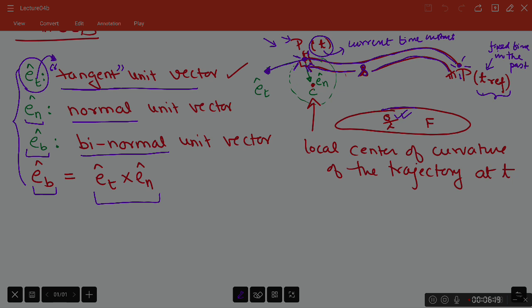EN is a unit vector that is pointing towards the local center of curvature of the trajectory at this current time instant. Indeed, ET and EN are perpendicular to each other. These are the descriptions of ET and EN, and as I mentioned earlier, once you know ET and EN, the binormal vector is obtained by taking a cross product between ET and EN.